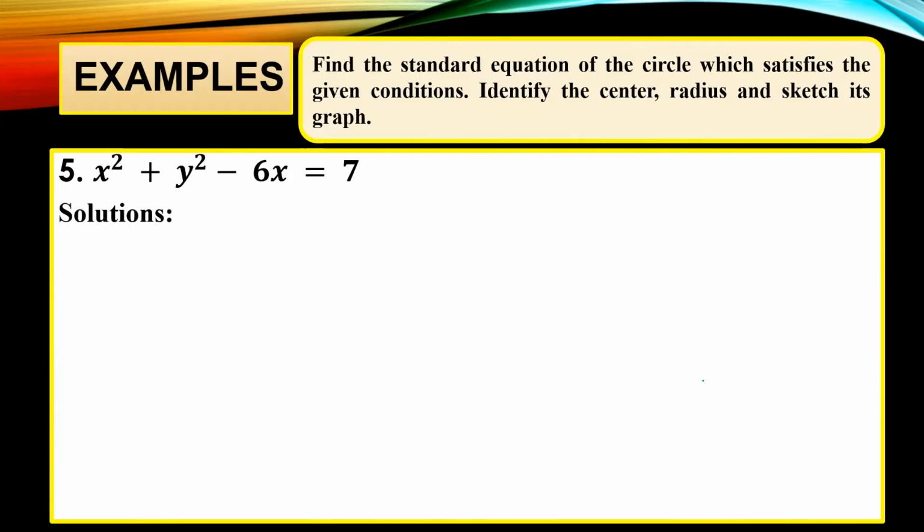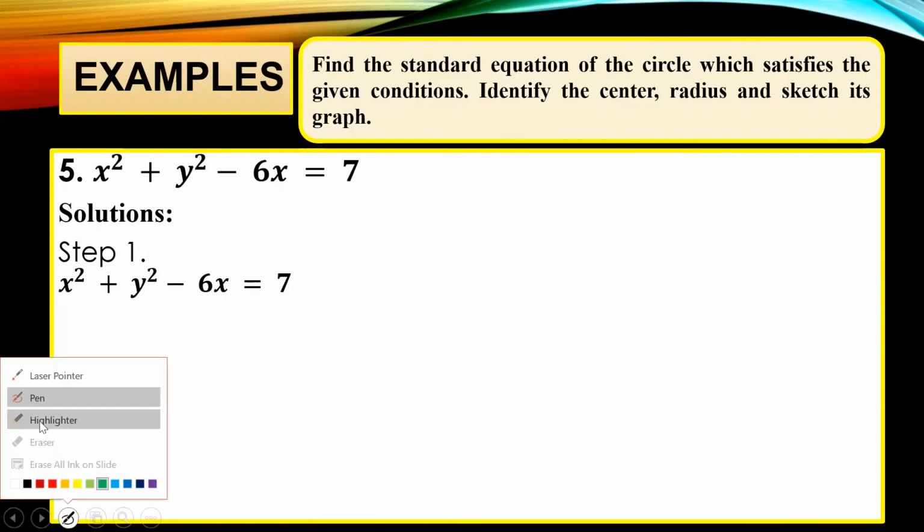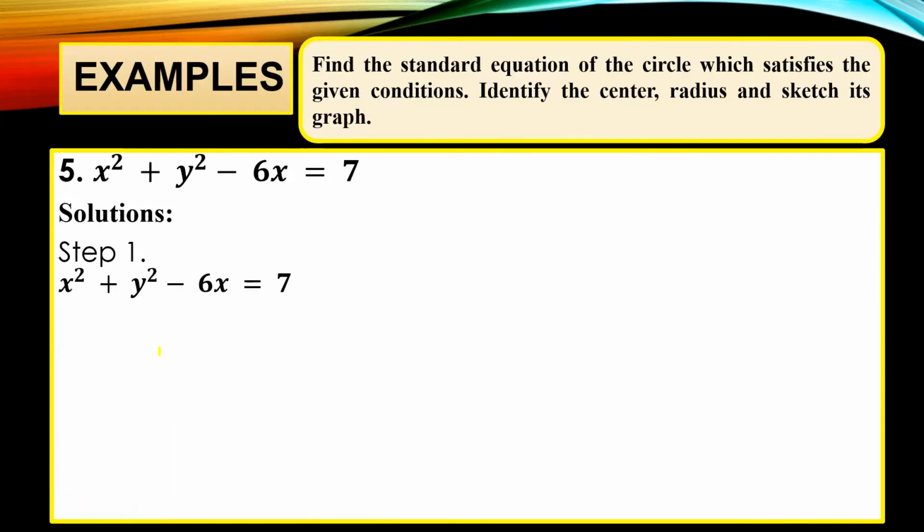So we have the solution. Step 1, we copy the original given: x squared plus y squared minus 6x equals 7.